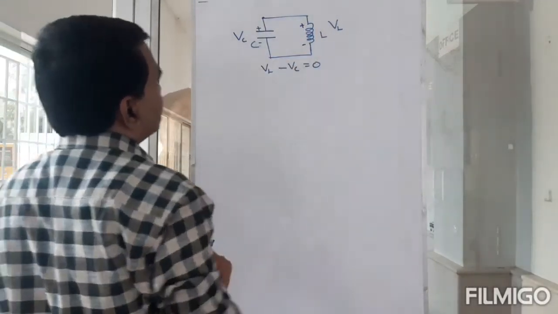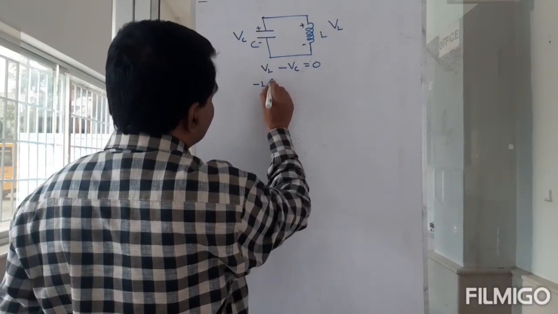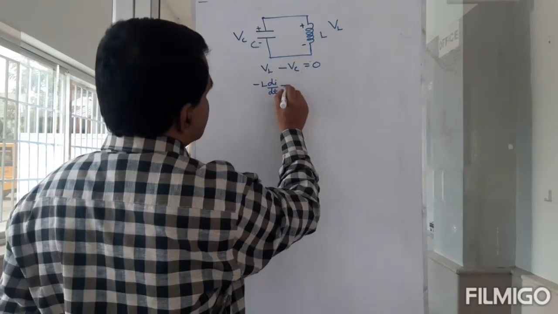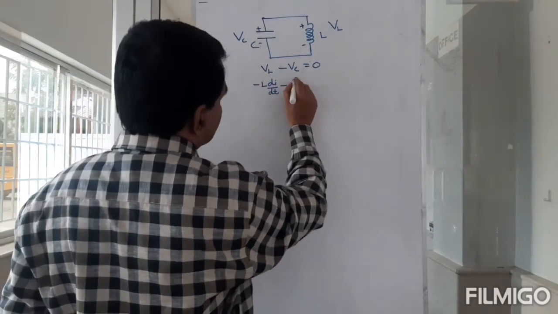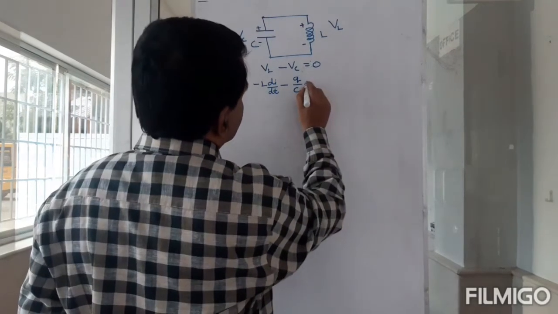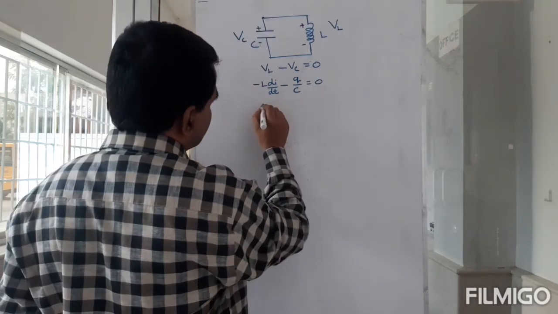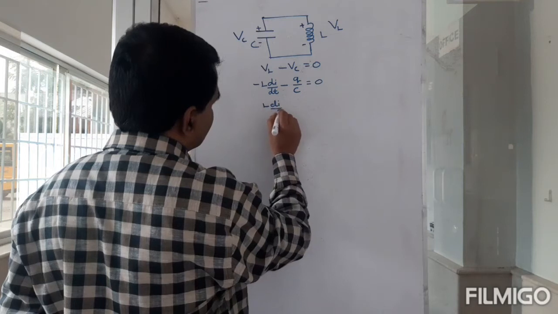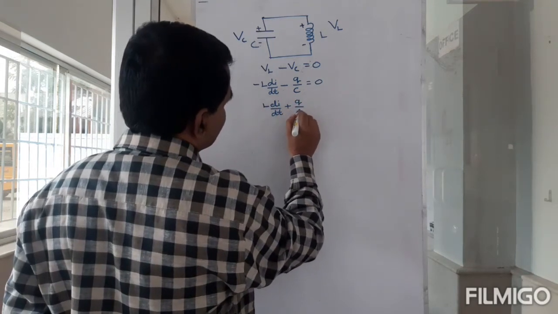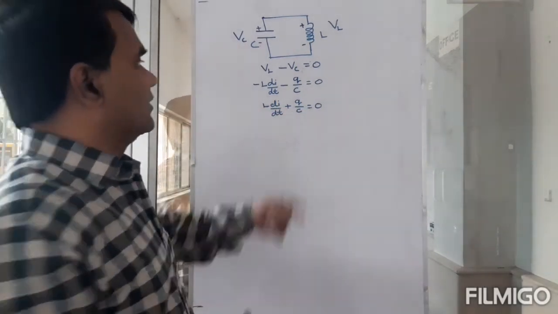But what is VL? VL is minus L di by dt. And what is VC? It is simply Q by C, and that is equal to 0. If I take the negative sign there, then I will get L di by dt plus Q by C equals 0. So this is the expression I get.